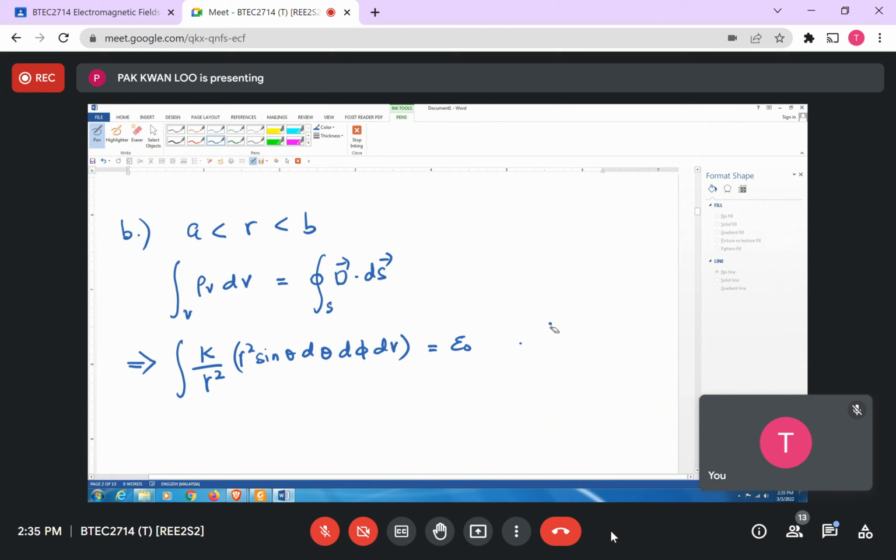Okay, I think I don't need to write this because we already know it is a sphere. So straight away we can write 4 pi r squared.